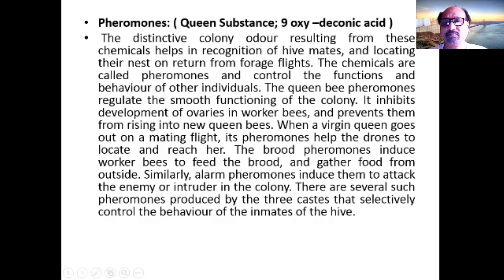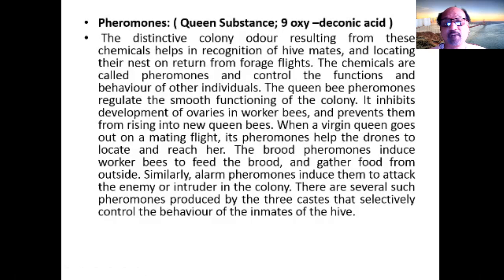Okay, so this is the pheromone which is released by the queen, known as 9-oxydecanoic acid. Already I explained to you, this is known as the cohesive force of the queen substance, and the chemicals are called pheromones and control the colonies.